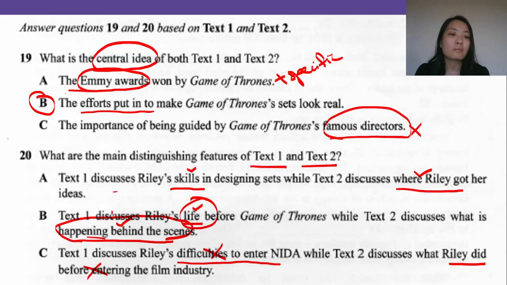Okay, because it's talking about what happens to her after the set is done, before that, what she has to do, what she has to prepare. So it's not focusing so much on the idea. Okay, idea sounds a bit more wrong. It's more about the life over here. So because this one sounds more wrong, we don't take this, and then this we don't take, so we are left with B. That's the answer.